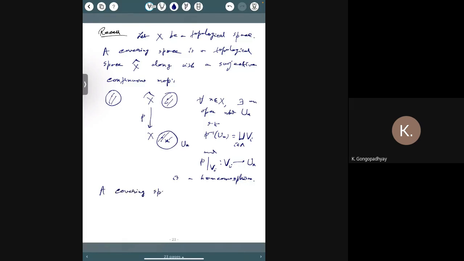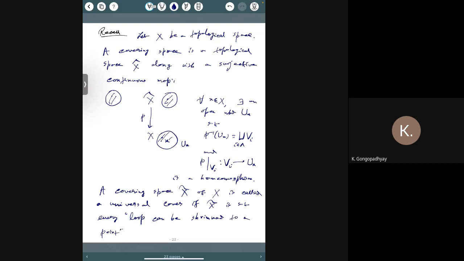A covering space X tilde of X is called a universal cover if every loop in X tilde can be shrunk to a point.